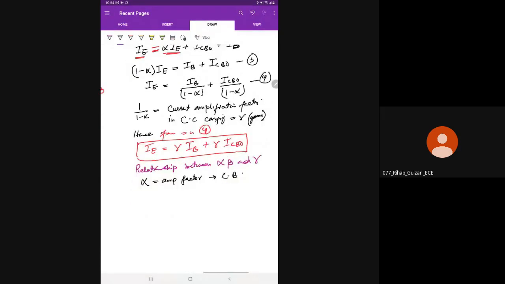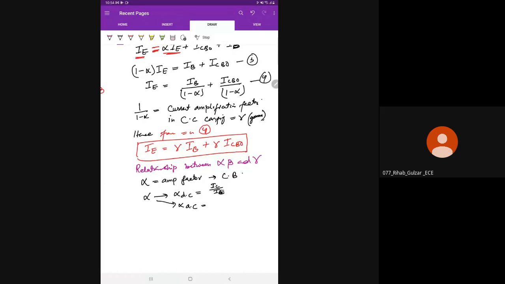We generally say that alpha can be alpha DC or alpha AC. Alpha DC means current amplification of the DC current. Alpha AC means current amplification of the AC component of the current. If it is the DC component, alpha DC is always equal to IC by IE in case of common base configuration.